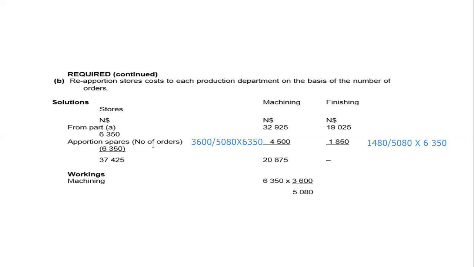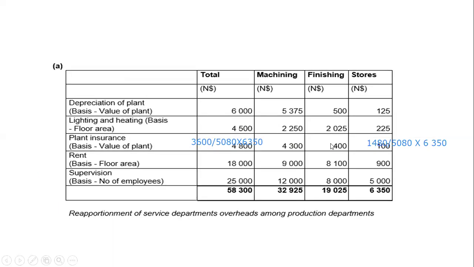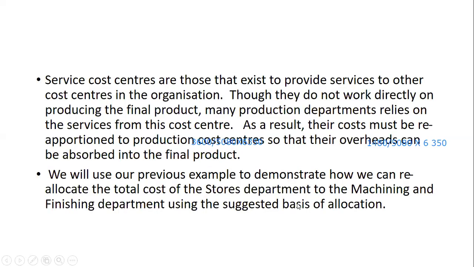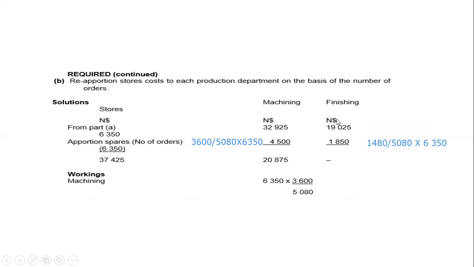And the other thing again, if we look at the overheads apportioned to the production departments, for machining it is 32,925. You take it the way it is, then finishing, you take it the way it is. Then after that, you add 19,025 plus 1850.